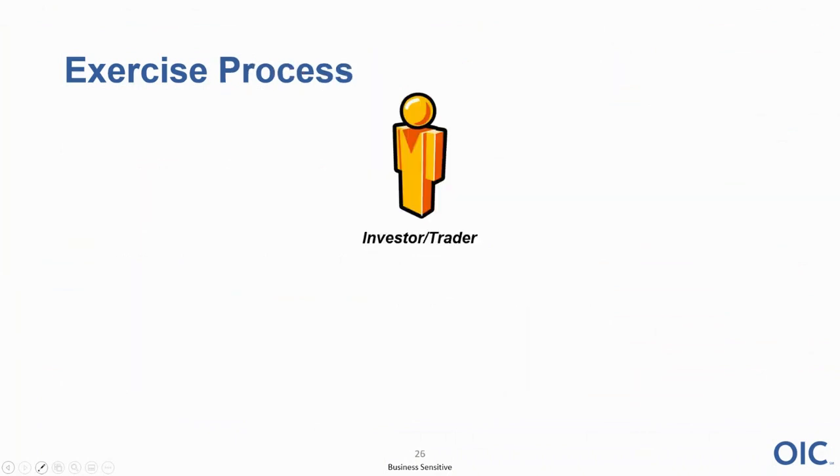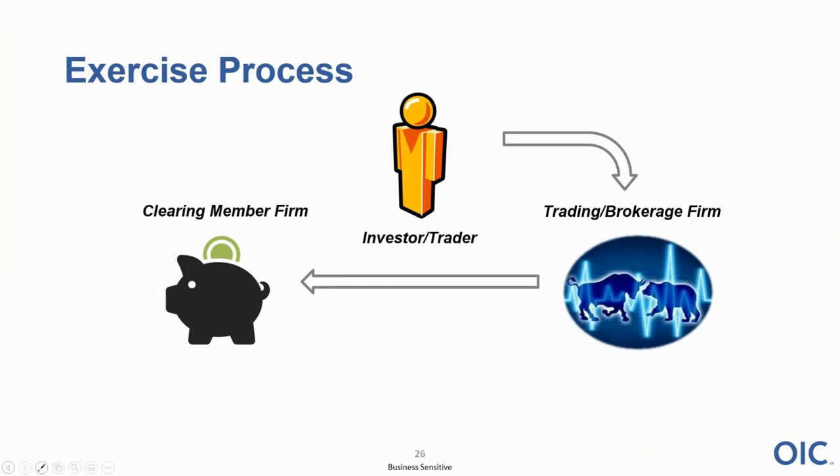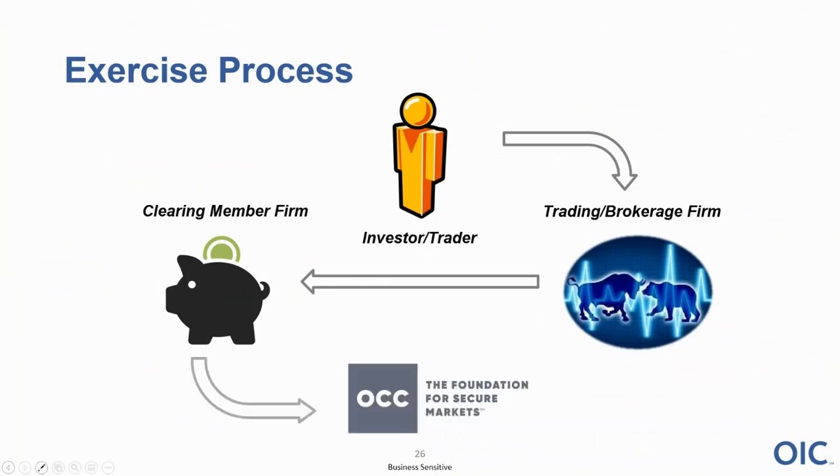But only option buyers can exercise contracts, and the way that it works is this. We've got our investor. They decide to exercise the contract and notify their trading firm, who then notifies their clearing member, who then notifies OCC.